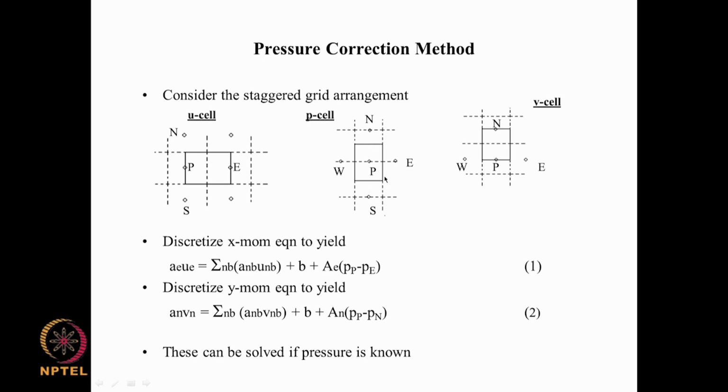And if you notice our staggered grid system, with respect to capital P point where pressure is evaluated, the u velocity component is evaluated at the east face and the west face, and the v velocity component is evaluated on the north face and the south face, because east face and west face are displaced in the horizontal direction by half a grid point to the right, and half a grid point to the left.